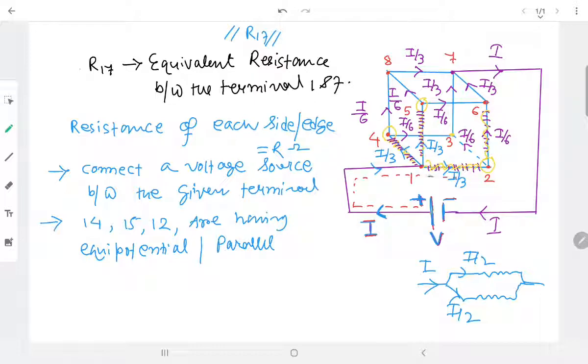Look at the dotted path. I will apply the KVL in this path. You can apply in any other path also. It depends upon you. Right now I am assuming this closed path and I will apply the KVL in this circuit.